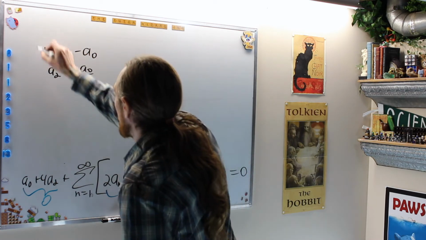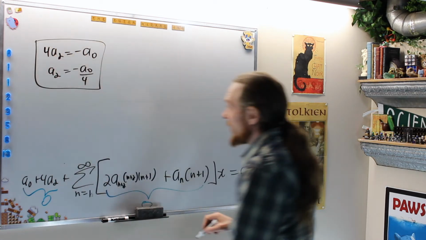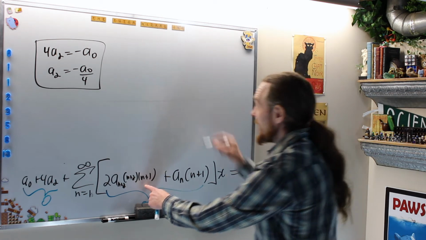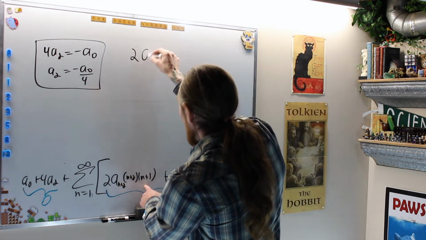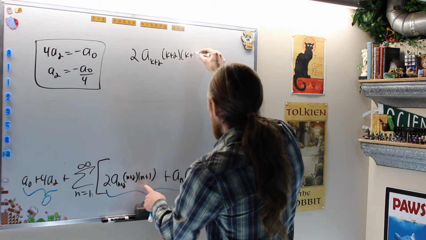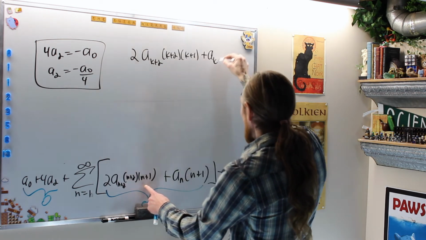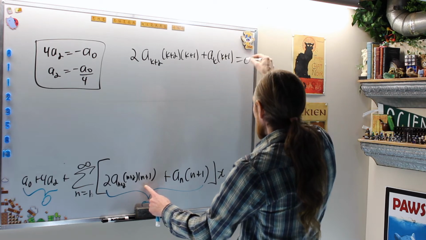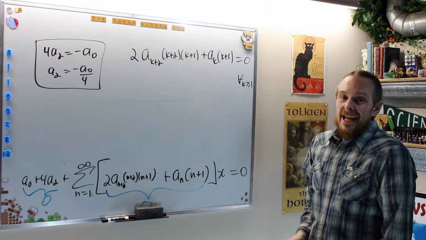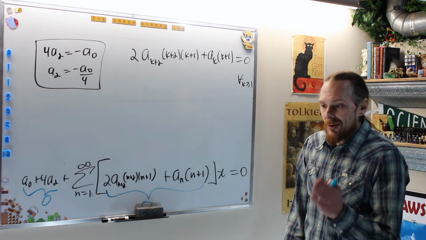And now I'm going to switch to k. So this says 2ak plus 2, k plus 2, k plus 1, plus ak, k plus 1 equals 0 for every k larger than or equal to 1. I switched to k because n is what I want in the power series at the end.